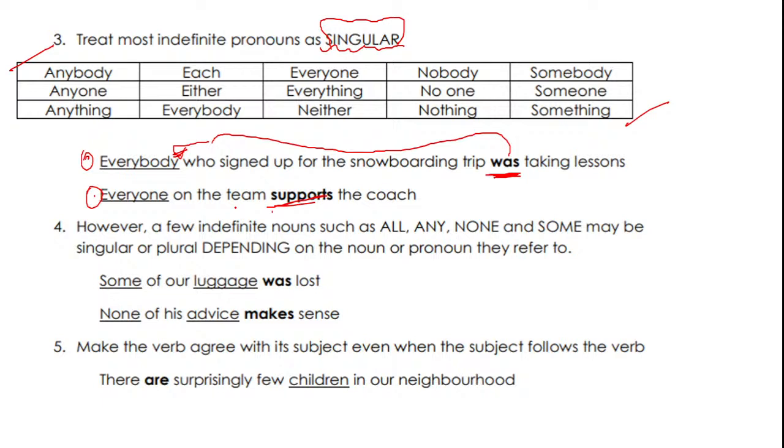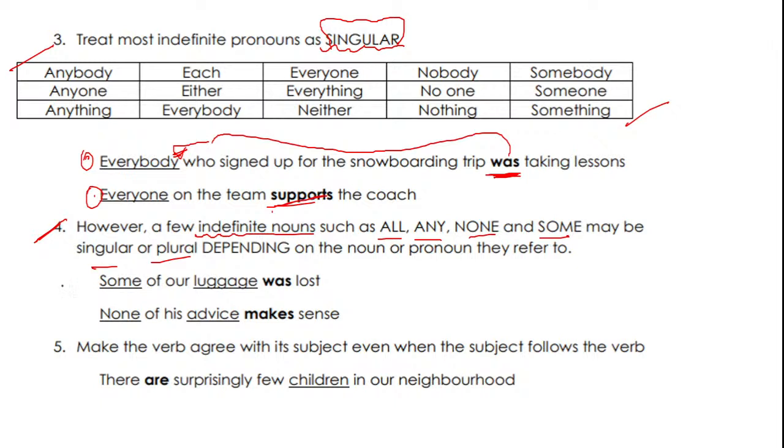The next rule was, however, a few indefinite nouns, such as all, any, none, some, can be used as singular or plural. We can use either their singular or plural, depending upon the condition. On which condition? On the noun or the pronoun they refer to.